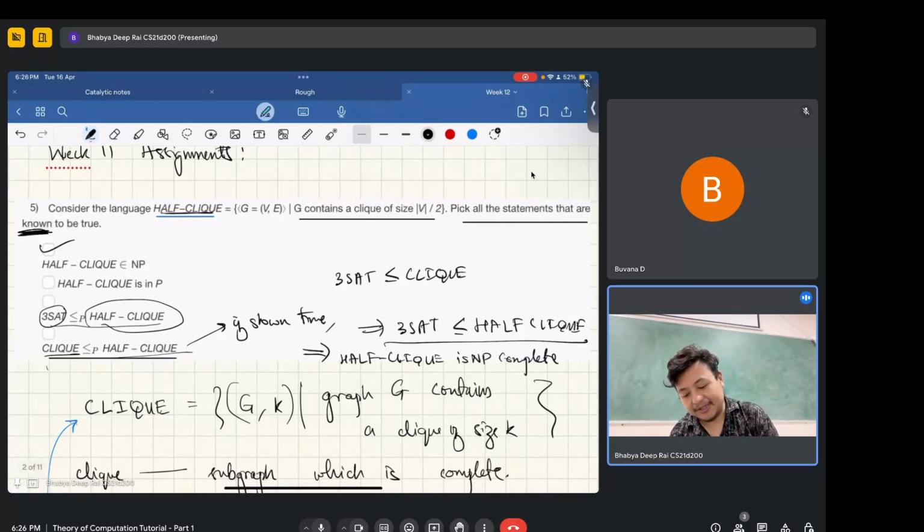So not only do these two become true, but the fact that half clique becomes NP complete means that half clique being in P should not be true. Because if a NP complete language is in P, then P would be equal to NP, which is a contradiction, right? So that is what we are going to attempt.